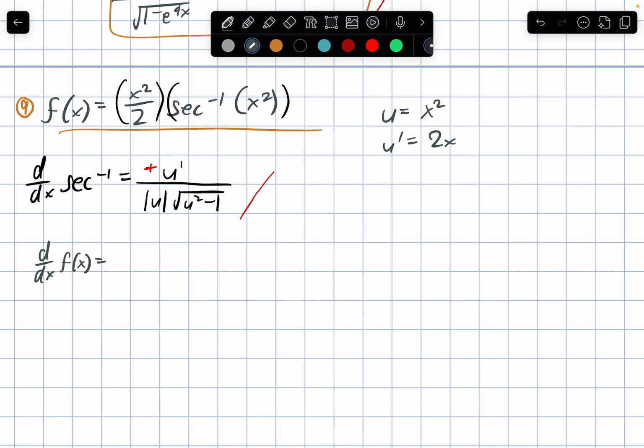So, let's say this is f of x. How about the derivative of f of x?